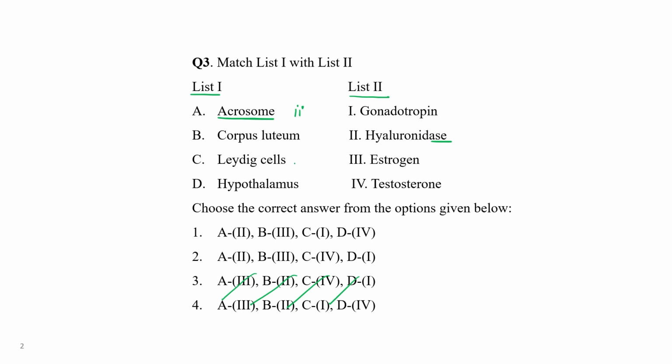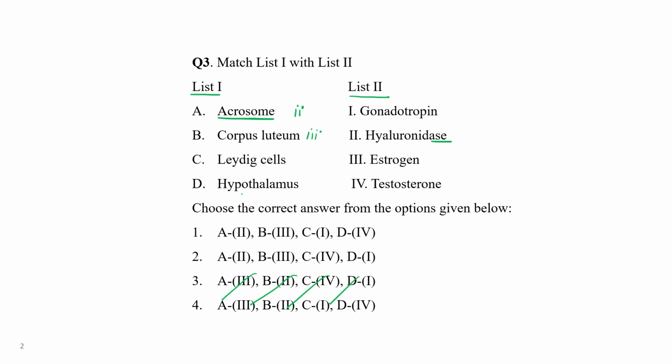Now next is corpus luteum. Corpus luteum is mainly responsible for the secretion of estrogen hormone. So can I write down 3 over here? Yes. This gonadotropin hormone is released by the hypothalamus, and this hormone gives a signal to the pituitary gland to release other hormones like FSH and luteinizing hormone, right?